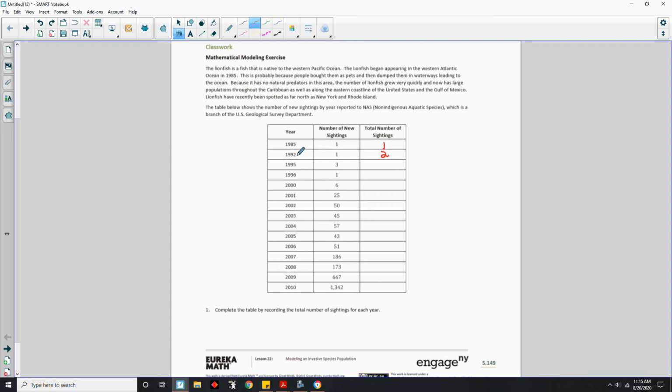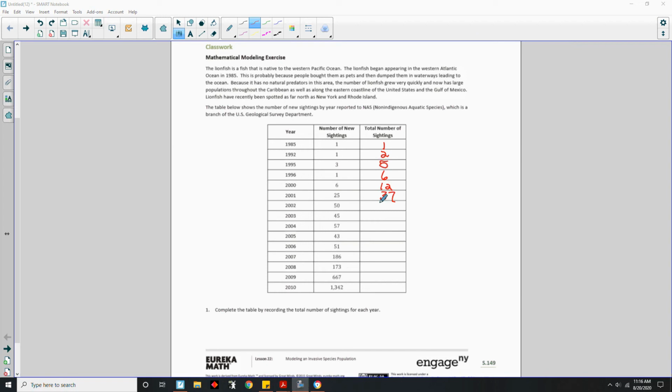In 92 to 95, in those 3 years, there were 3 sightings in 95. None in 93, none in 94, but in 1995 there were 3 sightings, so that's now a total of 5. Plus 6 is 12, plus 25 is 37, and we're going to continue this table that way.